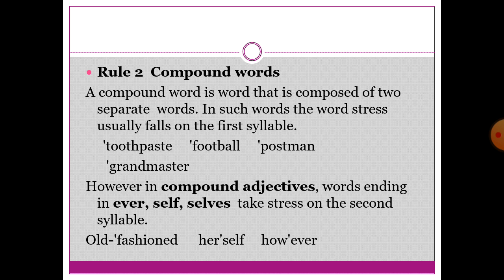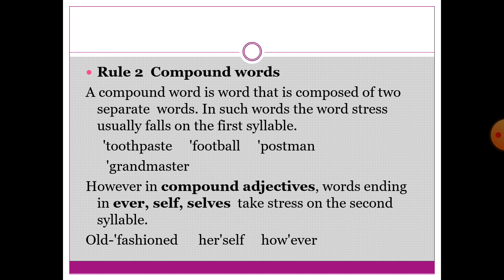Likewise, in football, the stress is on foot. In postman, the stress is on post. Similarly, in grandmaster, the stress is on grand. So I hope you have understood that in compound words, the stress usually falls on the first syllable.